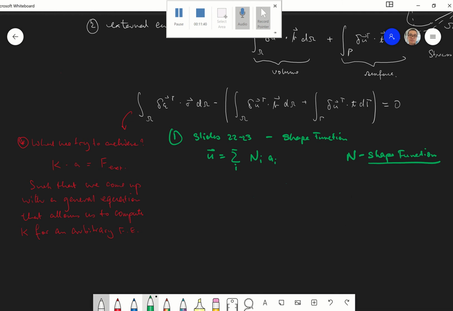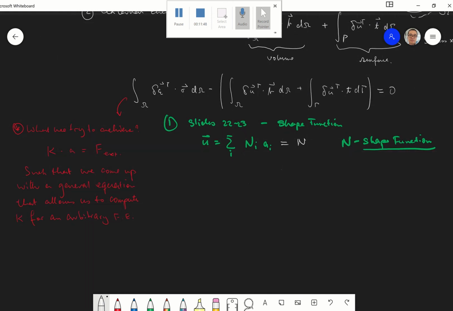Now if we write this back into matrix form, what this basically is simply N dot A, right?